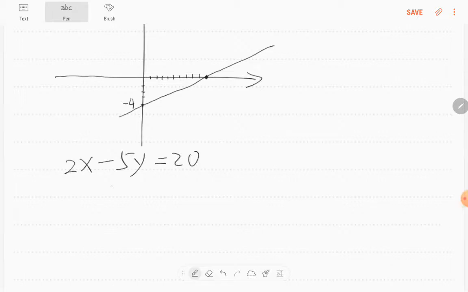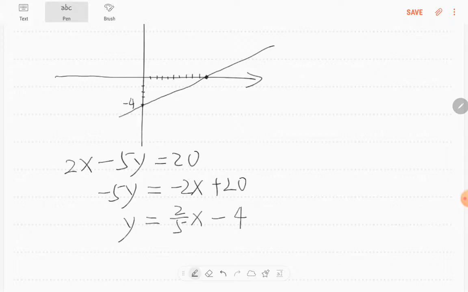So we subtract 2x on both sides, so it's negative 5y equals negative 2x plus 20, right? And divide by negative 5, so it's 2 over 5 x minus 4. So you see the slope, so the slope m equals 2 over 5.